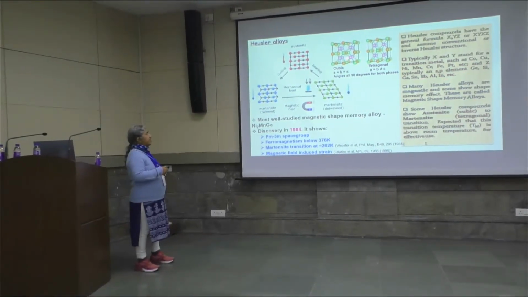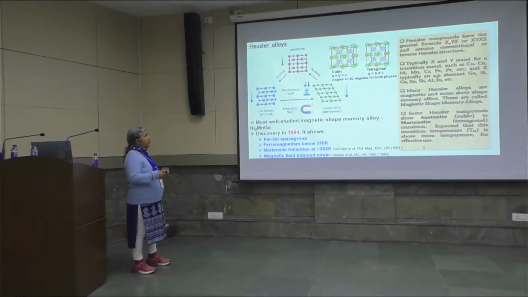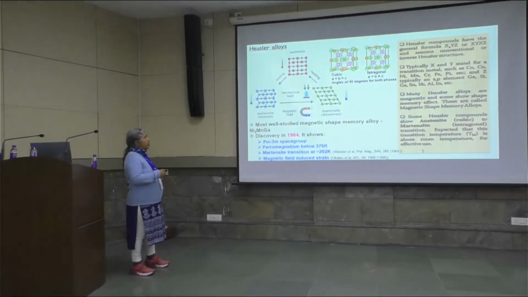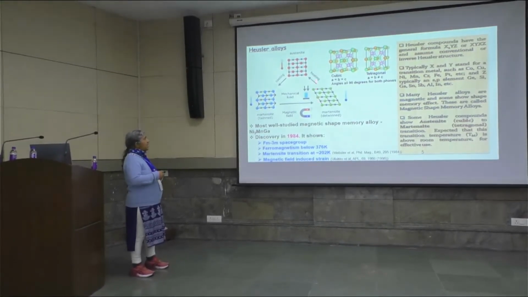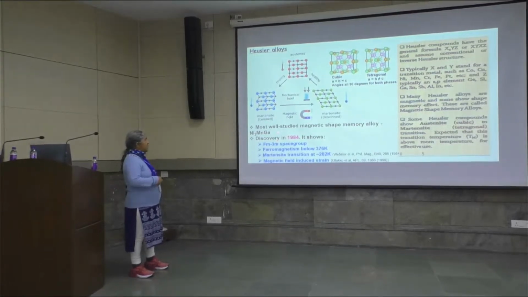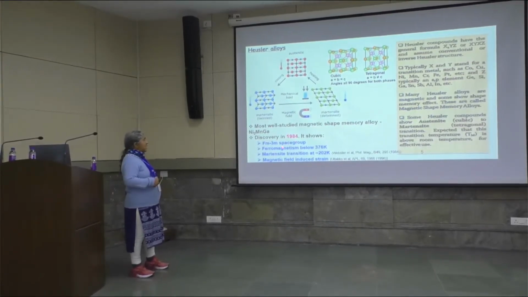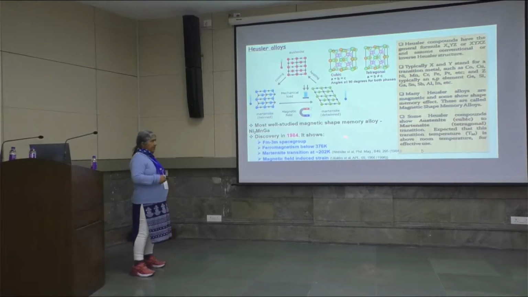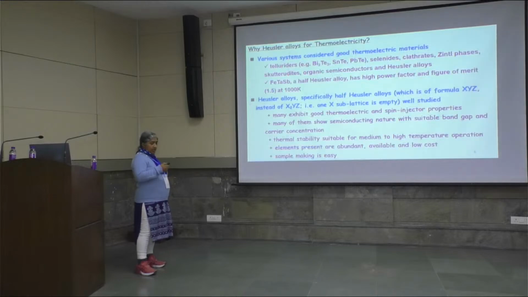Typically, many of them, specifically the full Heusler alloys, undergo a cubic to tetragonal transition. The most well studied Heusler alloy is Ni2MnGa, which was discovered in 1984. It is a ferromagnetic shape memory alloy. Many of the half Heusler alloys don't undergo this kind of transition.